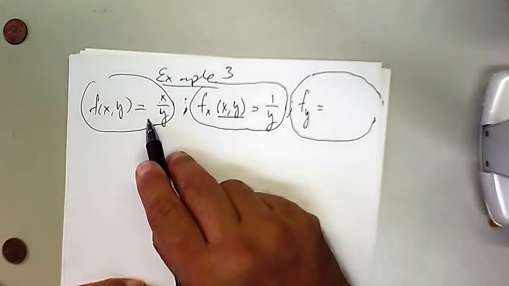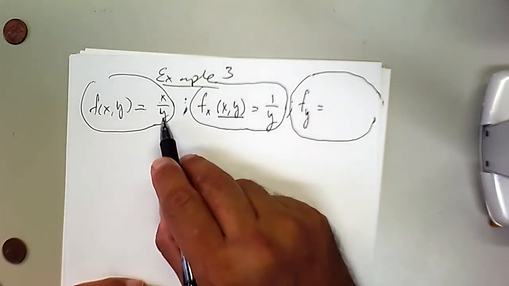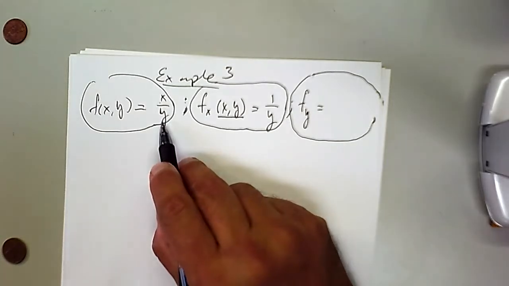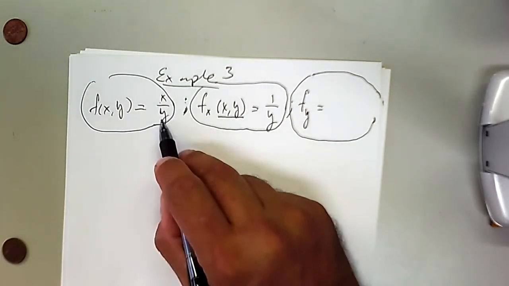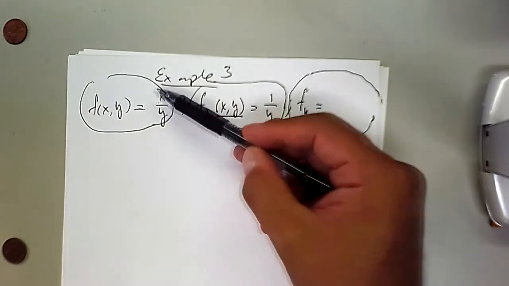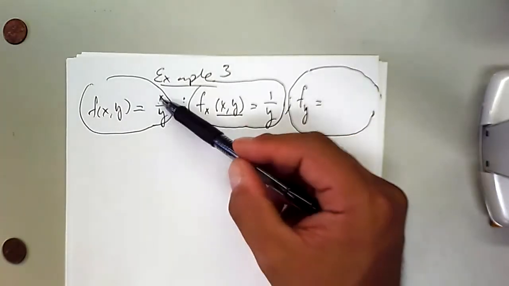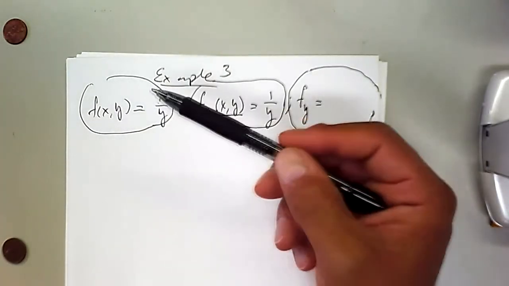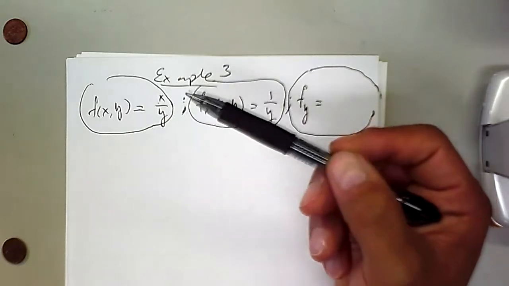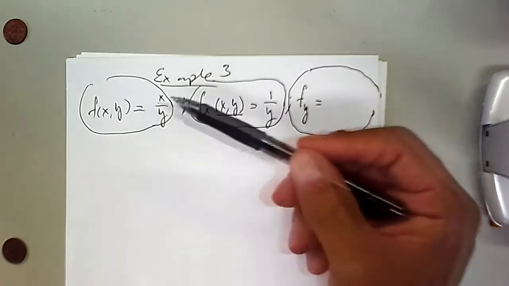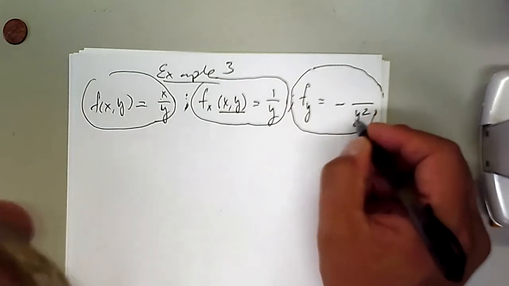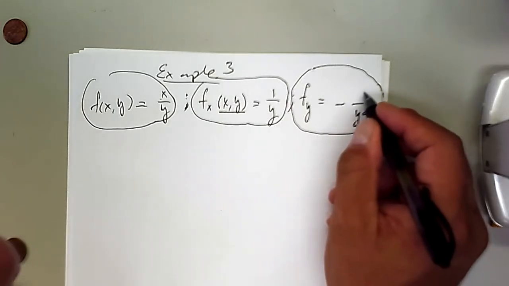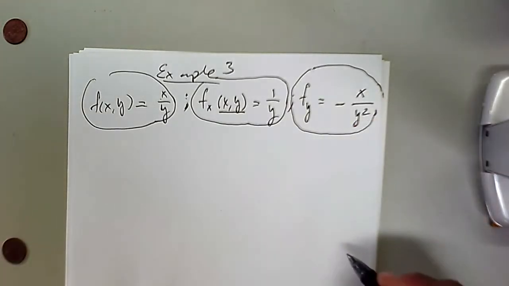So the original function is this. We're assuming y is a variable, x is constant. So the x is going to be preserved. The derivative of 1 over y, so I'm assuming there's no x there, just for purposes of figuring this out. I know well that the derivative of 1 over y with respect to y is negative 1 over y squared. x is just a constant for the time being, so we just place the constant there.